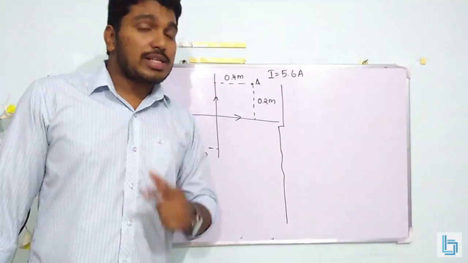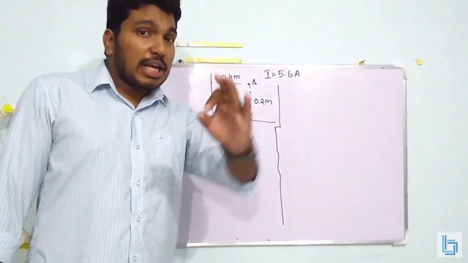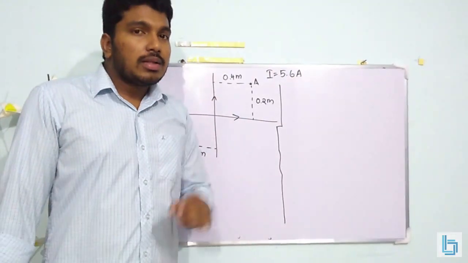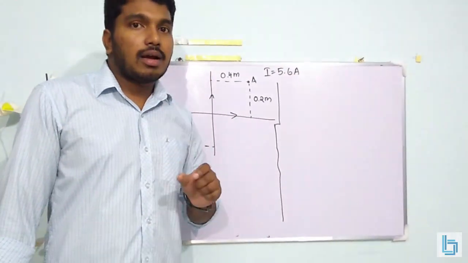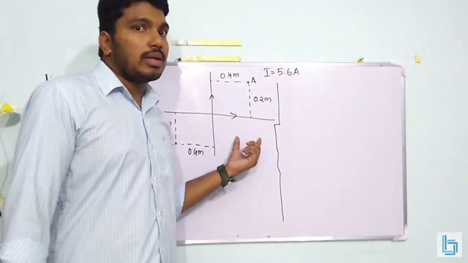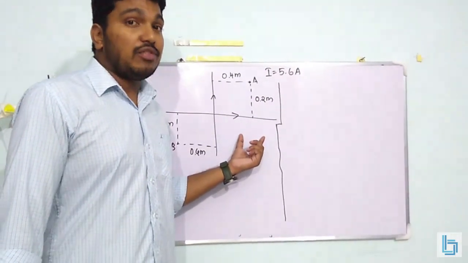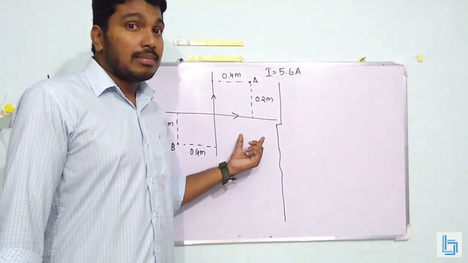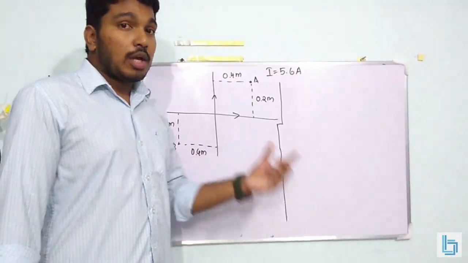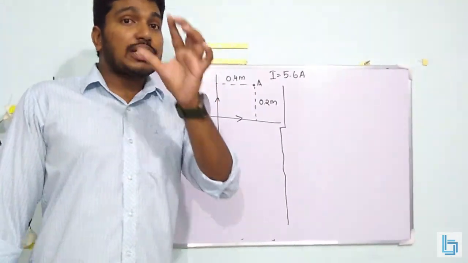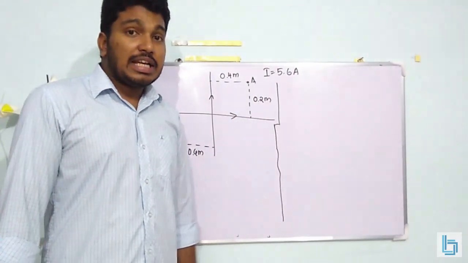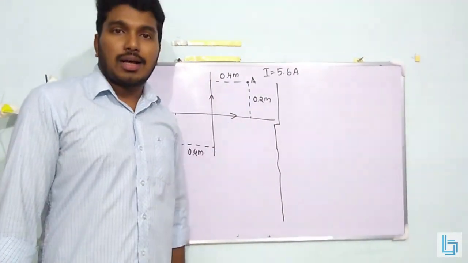Here, it's very important that you read the question carefully. There's a small word hidden there, which will make the question very simple. And what is that? In the first line of the question, there was the term a long straight conductor.